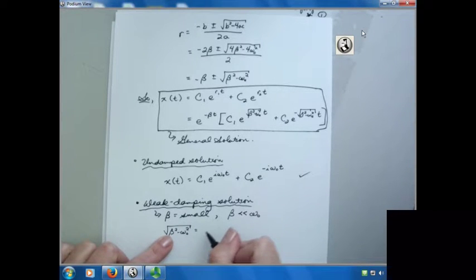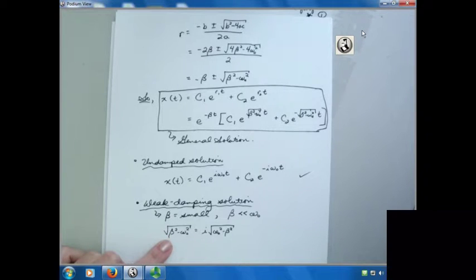So I'm going to pull that minus sign out as an i, times the square root of omega naught squared minus beta squared. So now I've got a positive number under my radical. All right. And let's go ahead and give that a name so we can perform some substitutions and not have to write square roots everywhere. We'll call the square root of omega naught squared minus beta squared omega 1. Okay.